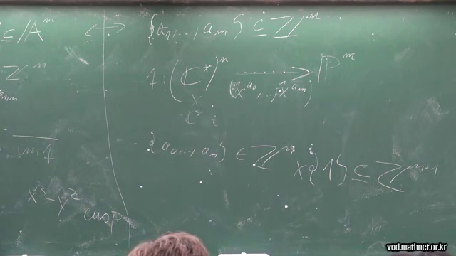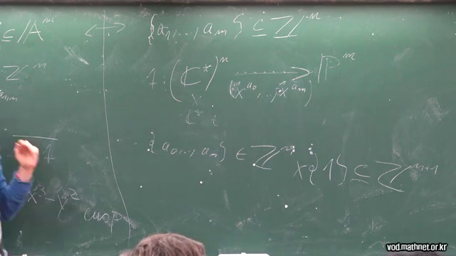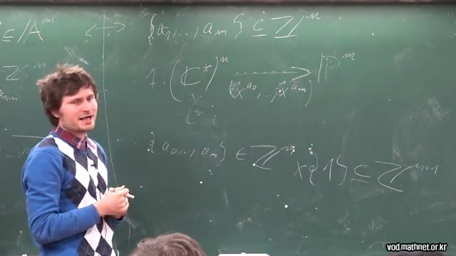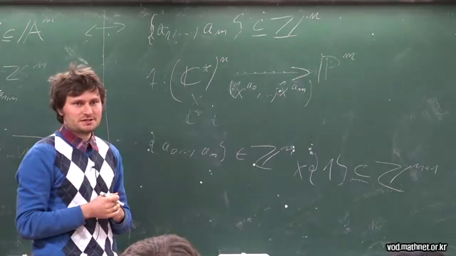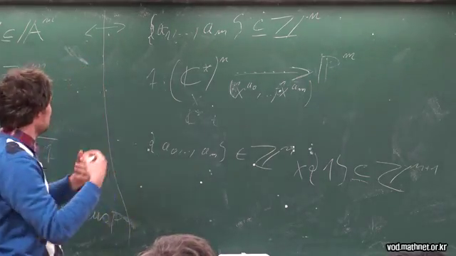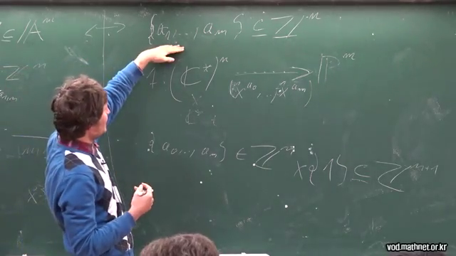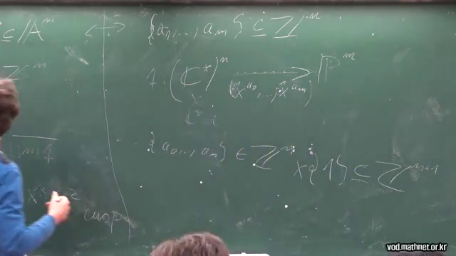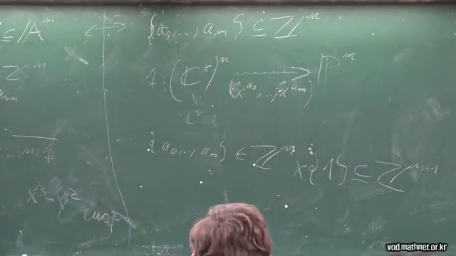So I'm adding a new coordinate, and I'm putting my characters at height 1, just to remember that my variety is projective. But coming back, if I have points in a lattice, I obtain an affine toric variety.